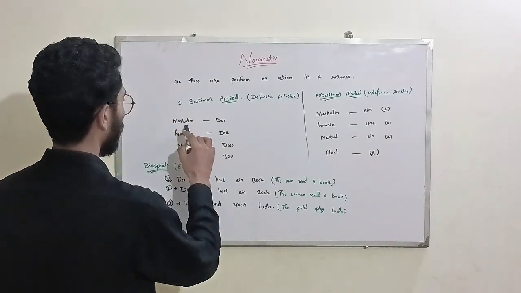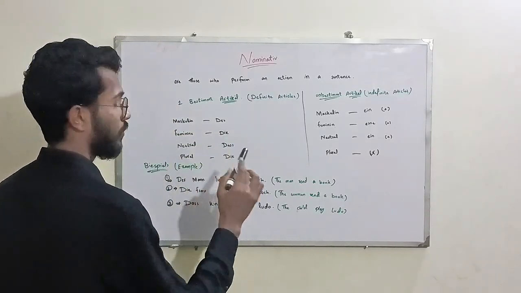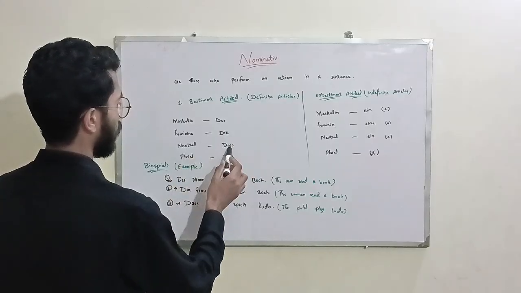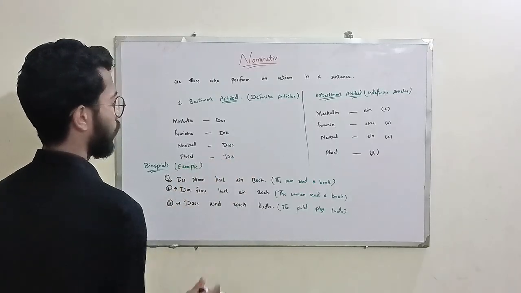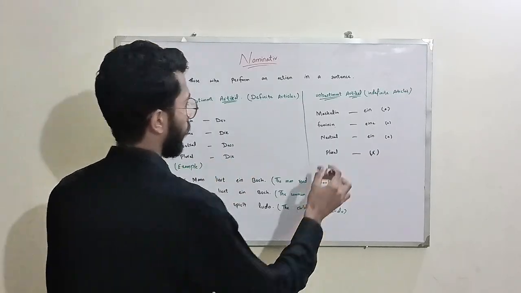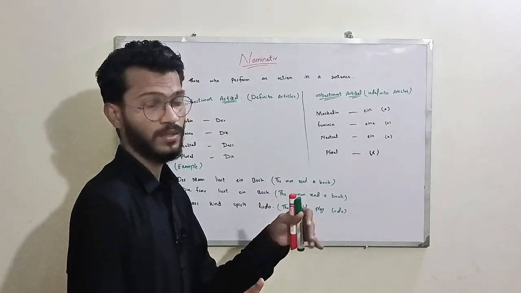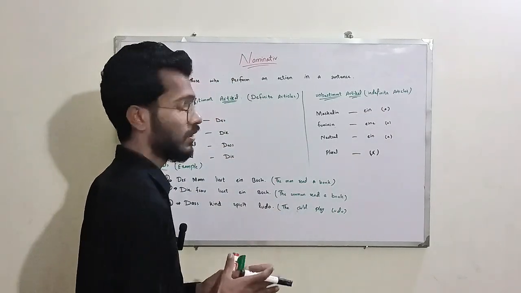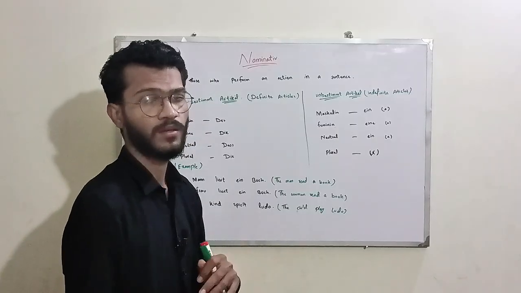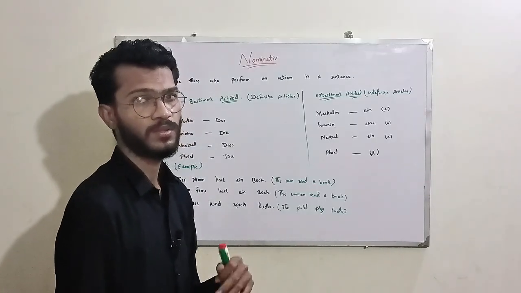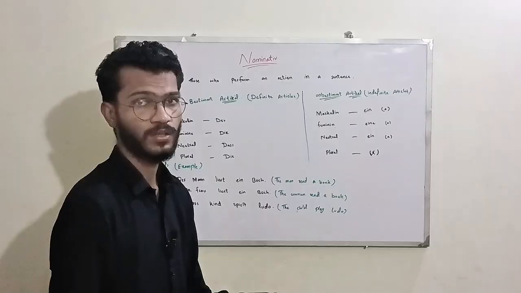So for masculine we use der, for feminine die, for neutral das, for plural die. Unbestimmt articles are indefinite articles. In English, we use a and an, but in German, we use the article according to their gender.